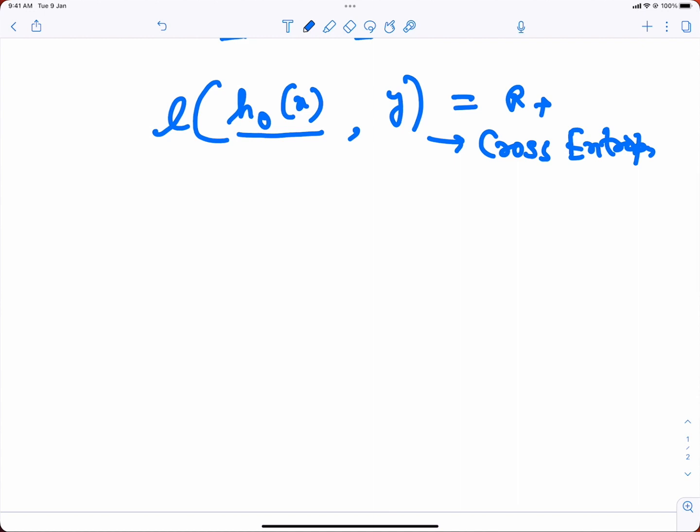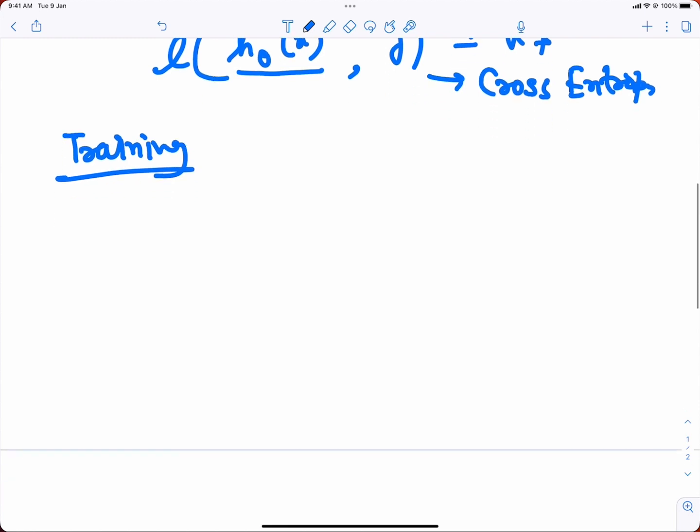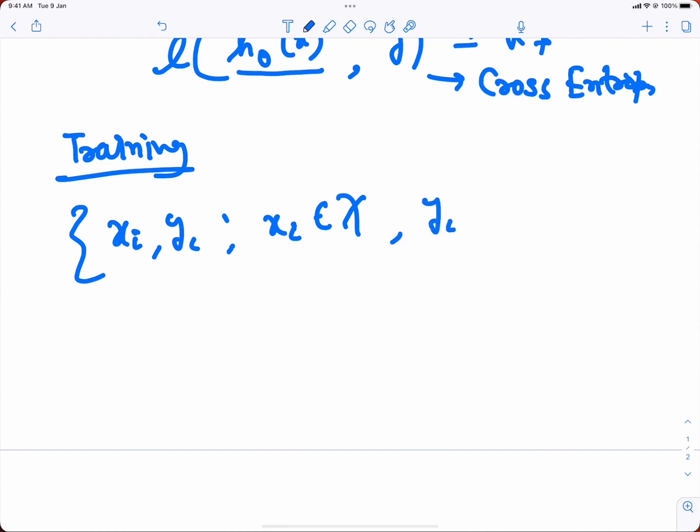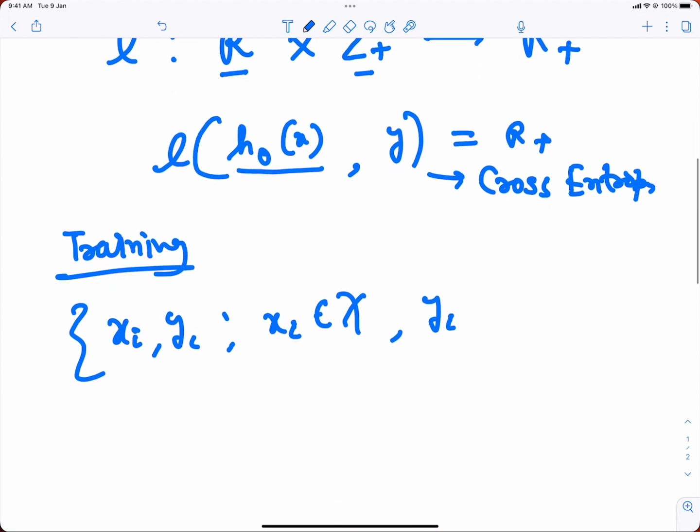Okay, so now what happens in the training? Before that, we need to know what the training data set is. The training data set can be represented as a set of x_i and y_i. What this means is that x_i belongs to the input set of 3D tensors, and y_i is the true class, meaning Z plus, so y_i will belong to some positive integer.